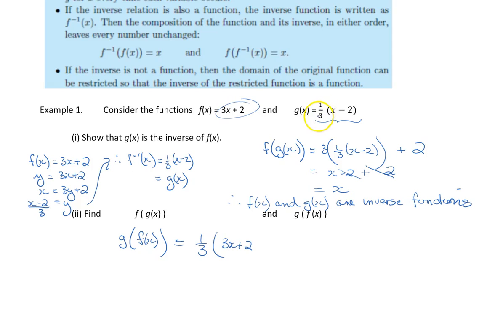So I've got 1/3, my new x, 3x plus 2, minus 2, which is 1/3 of 3x, which is just x. So again, just showing that they are inverse functions.